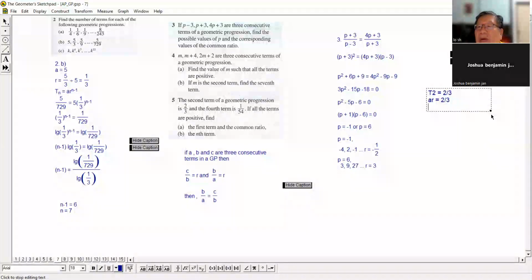Then the fourth term is 1 over 54. T4 equals 1 over 54.